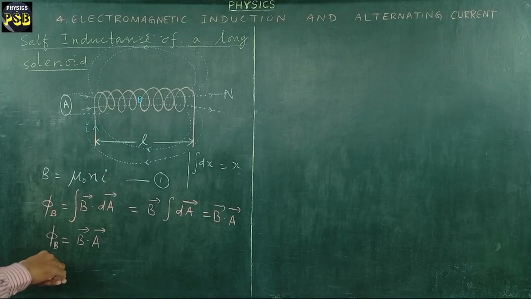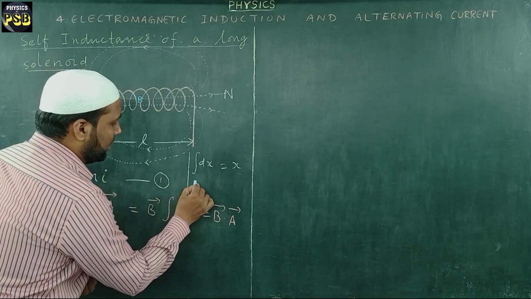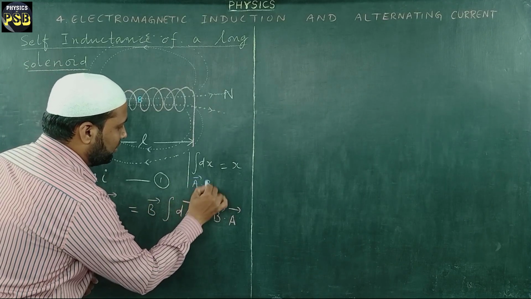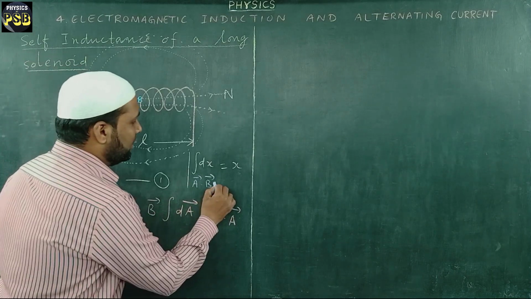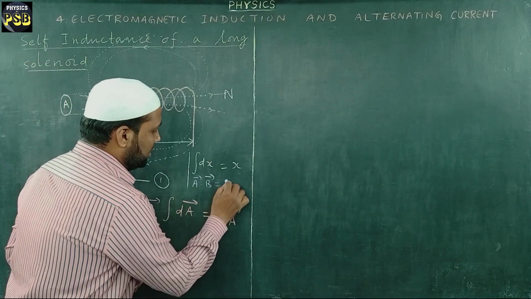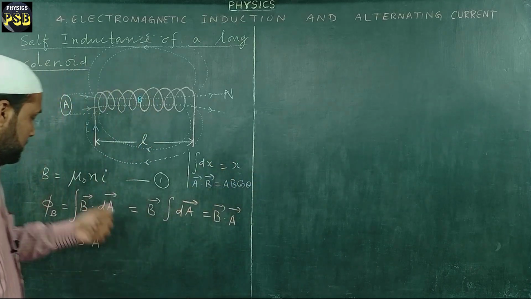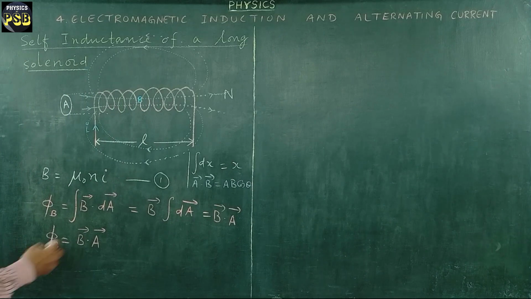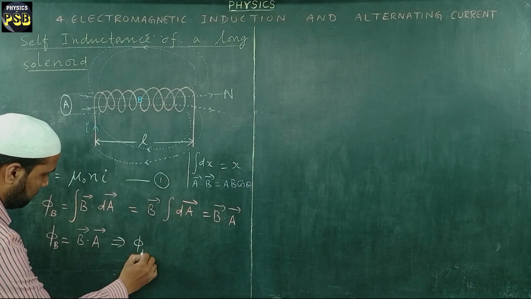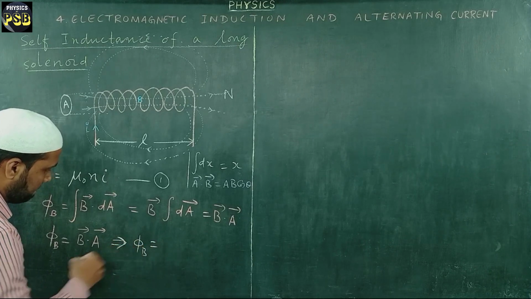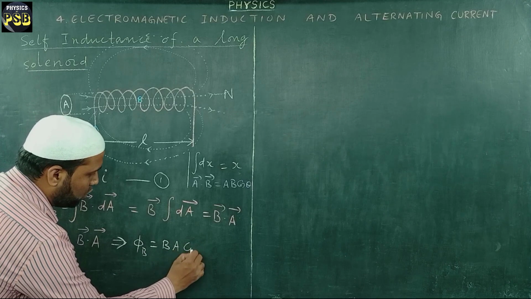Now we know the dot product of two vectors A and B can be represented as AB cos theta. In a similar way, here I represent this as phi B equals B A cos theta.